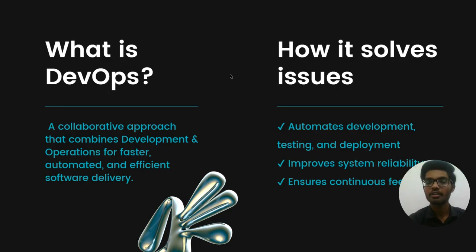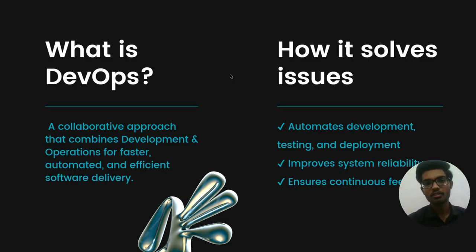After that, it improves system reliability, because in DevOps the performance and logs of the systems are continuously monitored, and it provides us complete data on how it is going to affect our system and what other things we can improve. And lastly, it ensures continuous feedback.